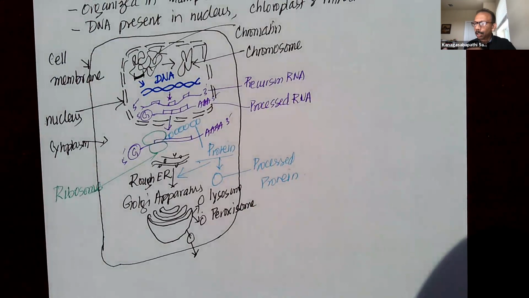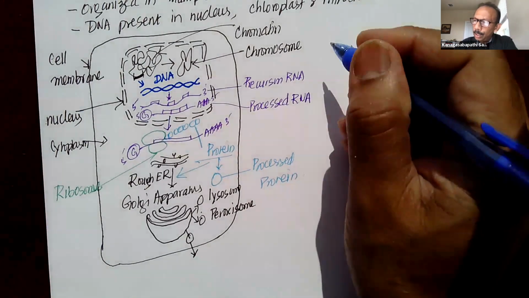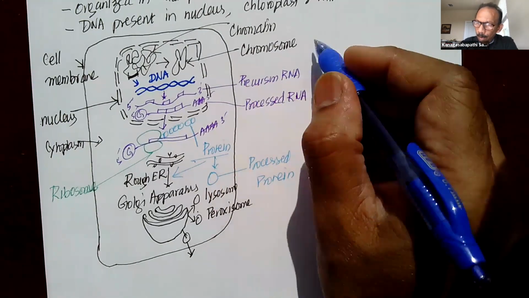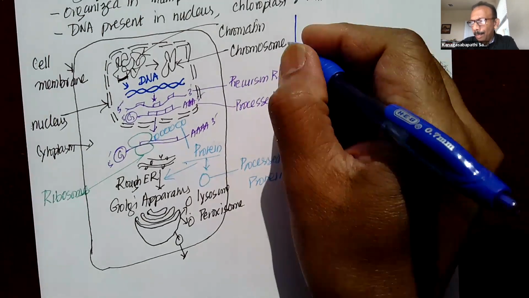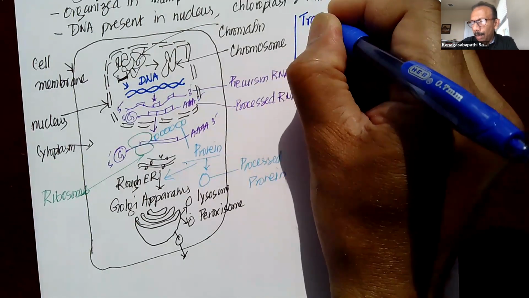Because that's a key thing to understand. Okay. The other thing to understand is that the transcription level, this is a control of this can happen at the transcriptional level.